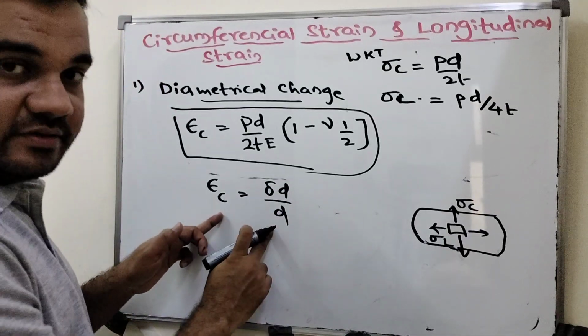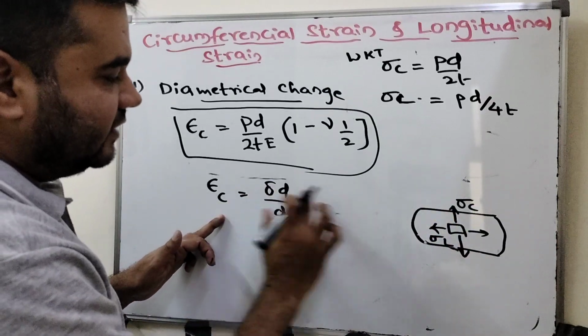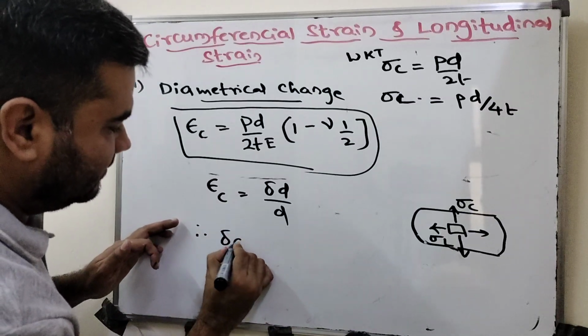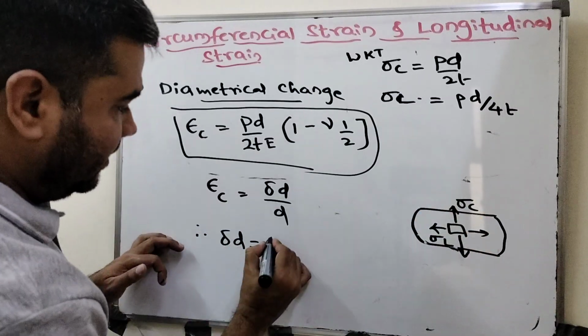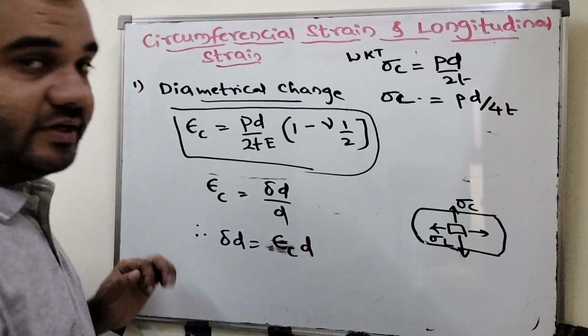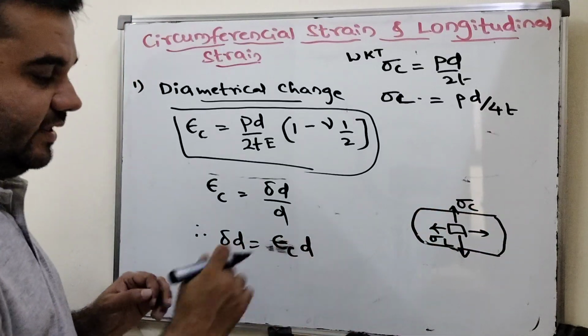So from this equation we can find the change in diameter. Therefore, change in diameter in the thin cylinder equals circumferential strain into original diameter. Whatever capital D we took here, D here.